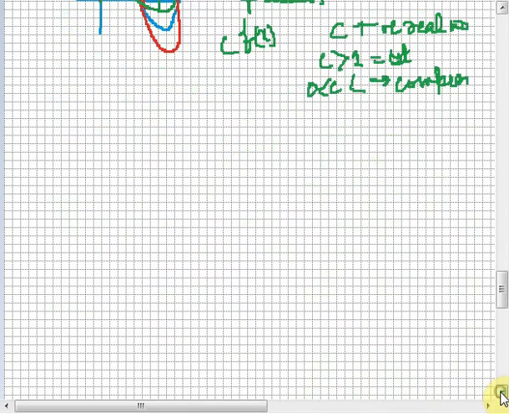Similarly, suppose f(x) becomes f(ax), with a a positive real number.